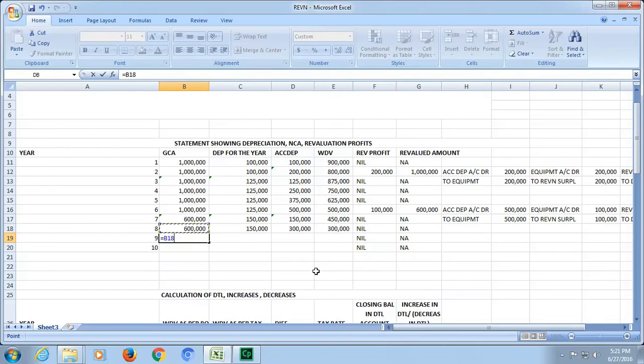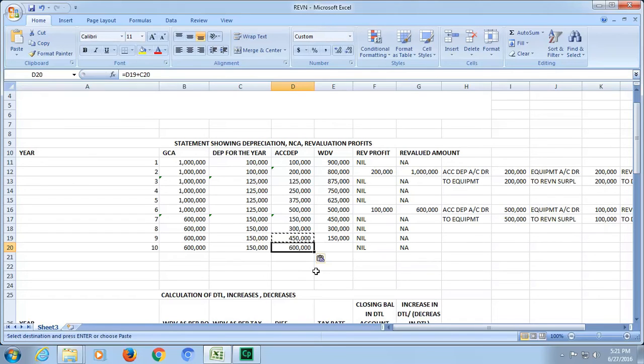Again 9th year opening balance will be same, depreciation would be same, accumulated depreciation would be now 4,50,000. In the last year the carrying amount would be the same, the depreciation would be the same, and the WDV of the asset would be the same. Okay, so this is how we compute the depreciation and the revaluation profit.